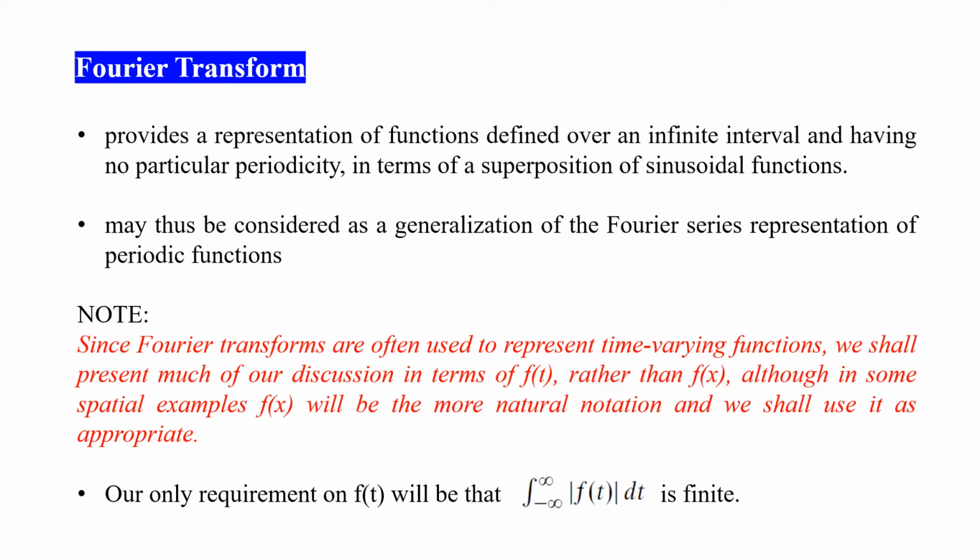Although in some spatial examples f(x) will be more natural notation, and we shall use it as appropriate. Our only requirement on f(t) will be that the integral of the modulus of f(t) dt is finite from negative infinity to positive infinity.